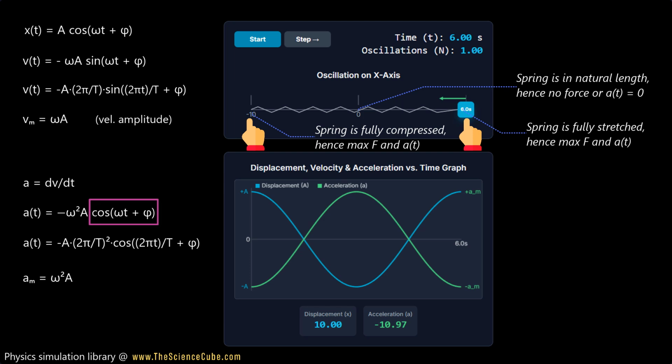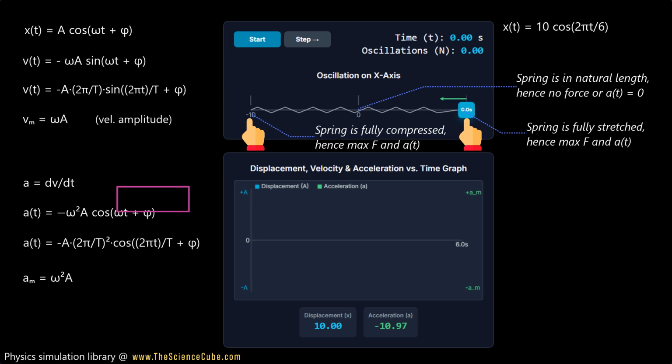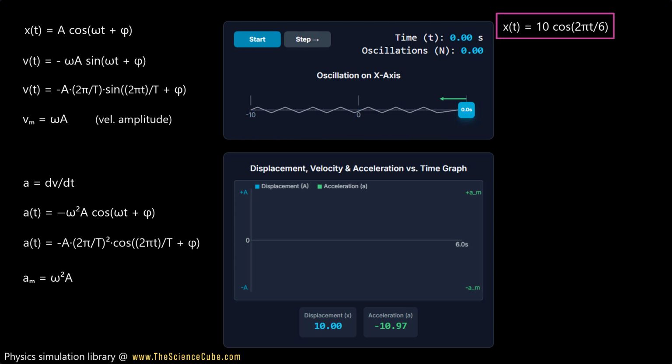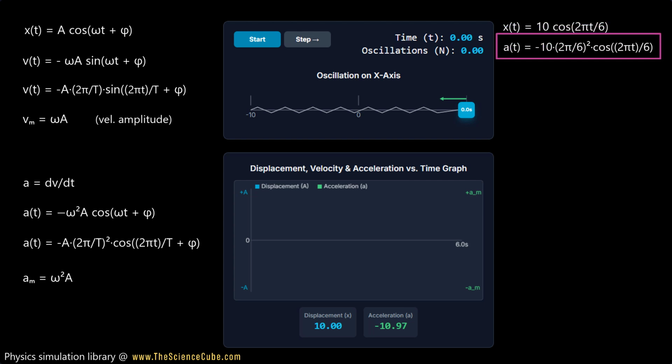Again, you may like to calculate the acceleration at various times for this particular SHM and see if this equation works. So the equation for acceleration for this one can be written as a(t) = -10(2π/6)² cos(2πt/6). So let us see what is the value of acceleration at t = 0 seconds.